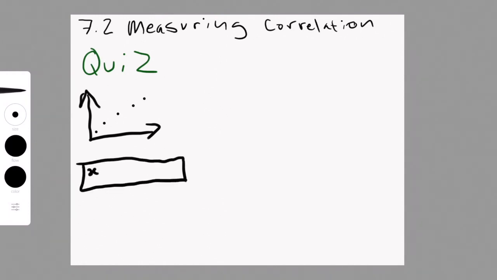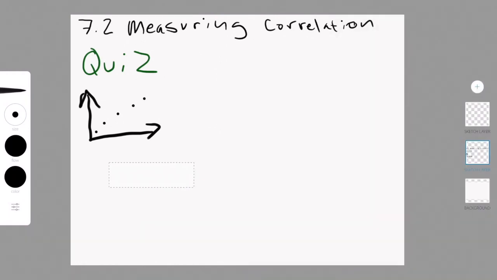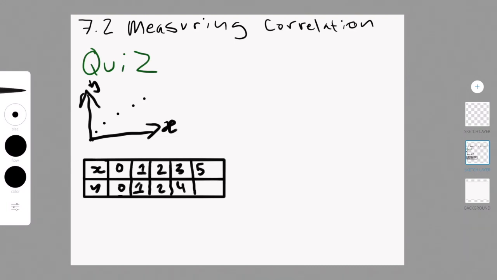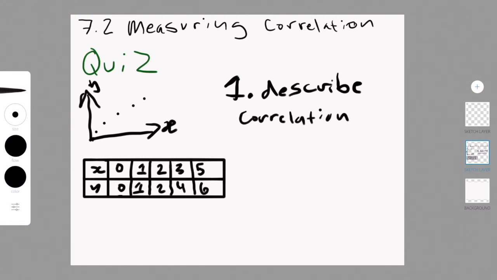Now it is time for the quiz. This quiz will quiz you on both 7.1 and 7.2. The questions are: describe the correlation, whether it is linear or nonlinear, whether it is weak, strong, or moderate, and whether it is positive or negative.